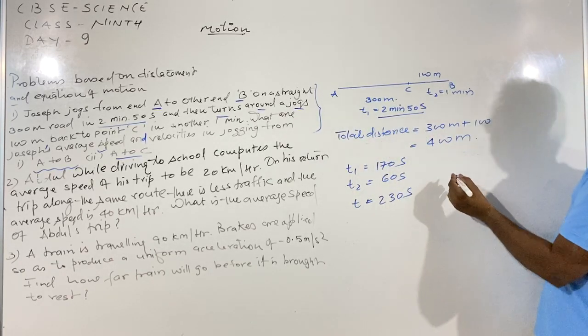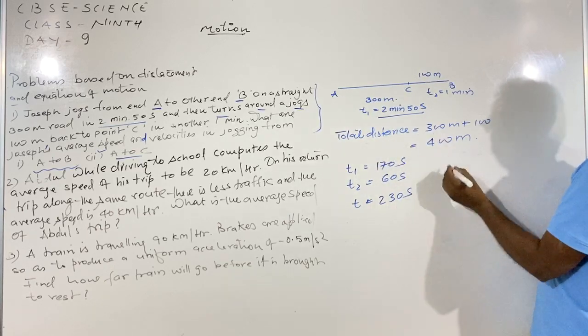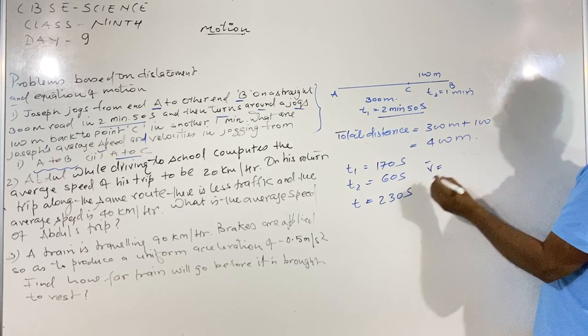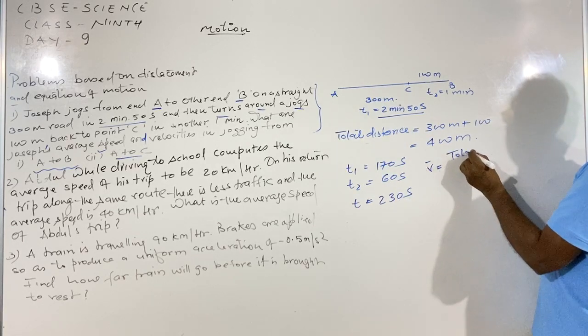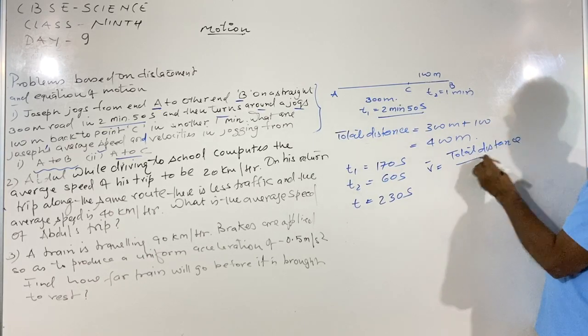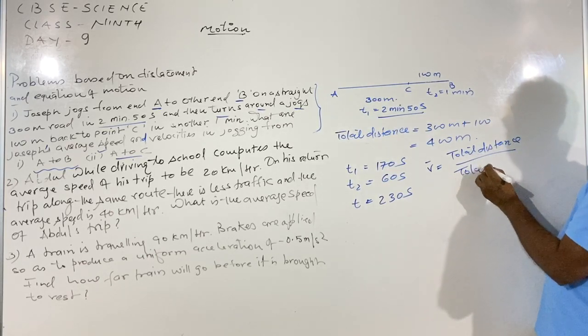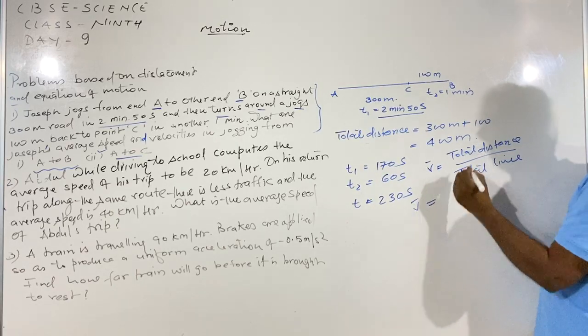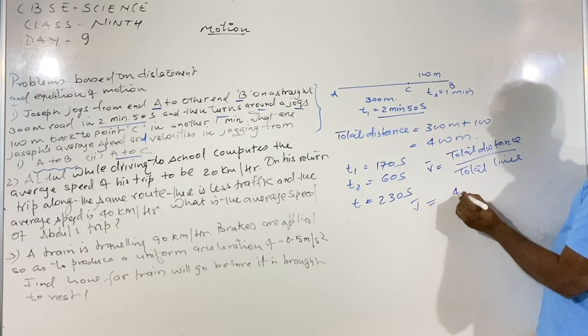Let us calculate average speed to be total distance over total time. That is 400 over 230.